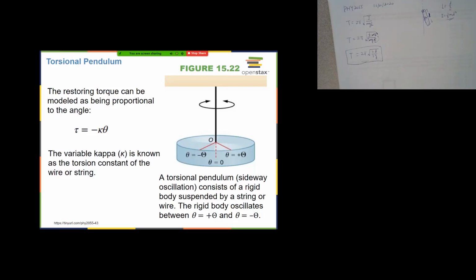So if you compare this with the expression we had earlier, torque equals minus mgL theta, mgL are all constant numbers. If you replace mgL by kappa, then you'll get a similar expression for the period of this oscillation.